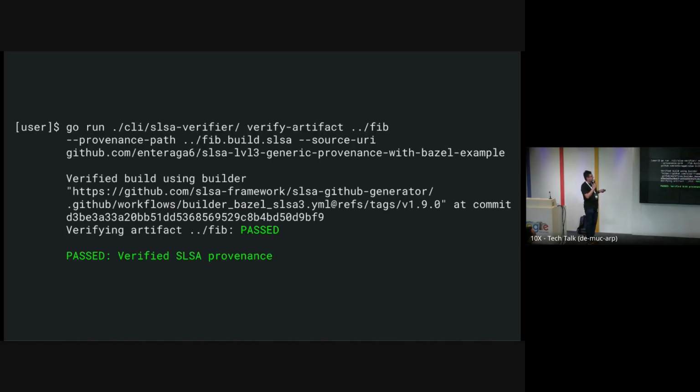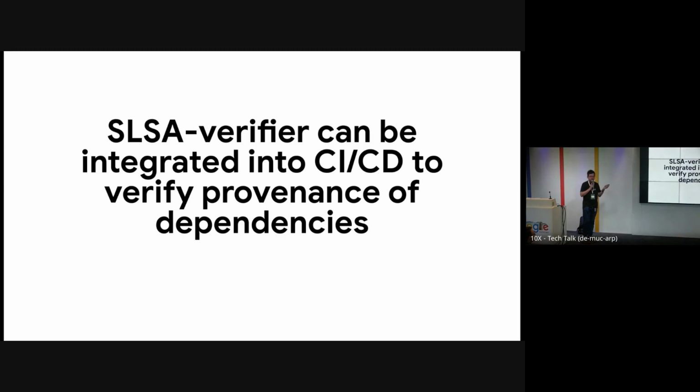I pass as argument the artifact, fib for example, and I pass the provenance path, and it verifies it. It tells me it has been verified. This was the generator. This was the commit where it was built. The provenance passed. You can put this into a GitHub action. If the provenance fails, stop the build there, and there is an alert, and so on. Basically, integrate it everywhere in CI/CD and work with that.